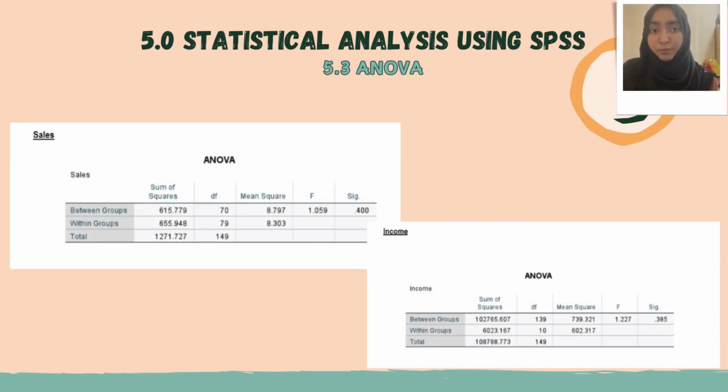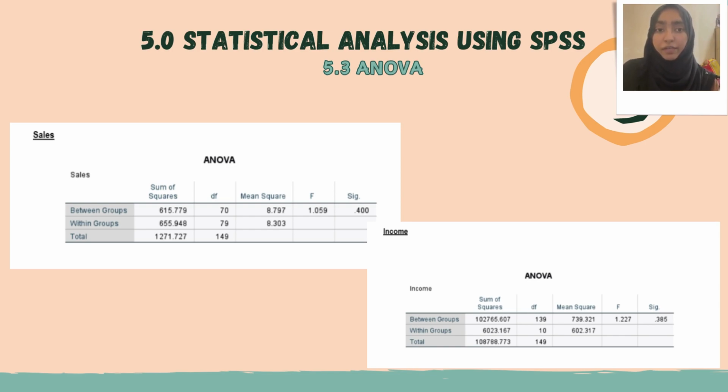Next, the ANOVA table shows that F calculated equals 1.059. Step 2, F critical equals F alpha, K minus 1, N minus K, which equals F 0.05, V1 70, V2 79, equals 1.402.